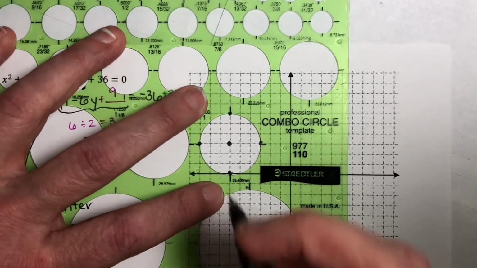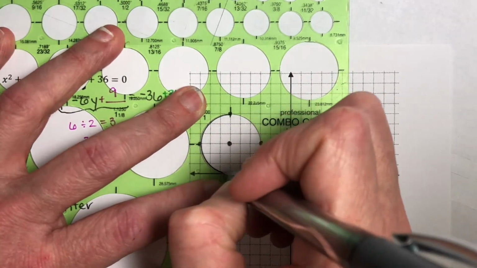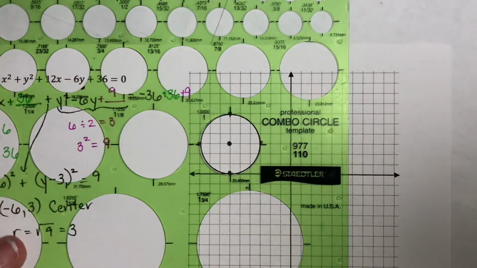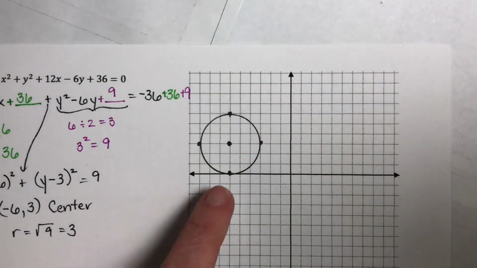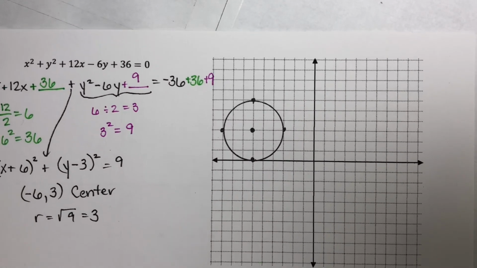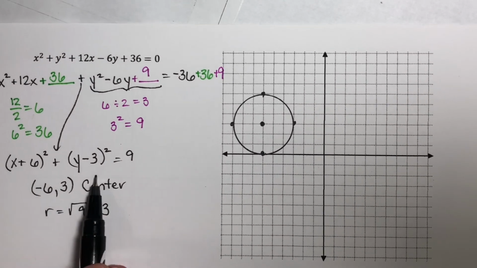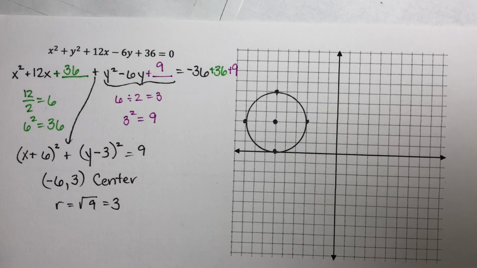You just draw your picture as best you can. Your answer is every single point on this circle. Okay? And again, I should be able to take this and multiply it out and get back to where I started.